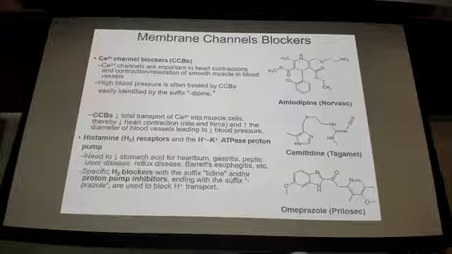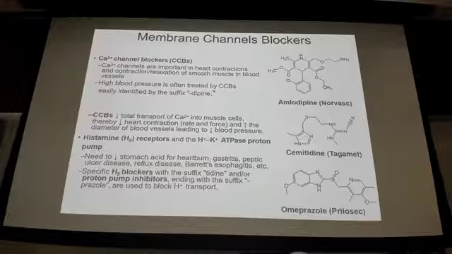Because in regular GERD, not all of your esophagus is necessarily eroded. Like, I have GERD, but I don't have this severe GERD. I don't have any other side effects associated. There are a number of other side effects associated with Barrett's esophagitis, including internal bleeding and stuff like that. Any other questions?